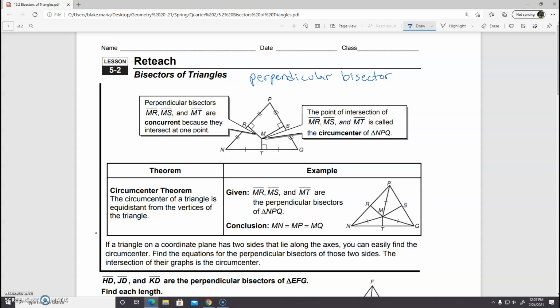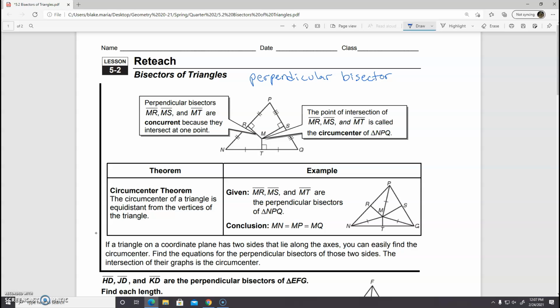So the reason I know that RM is a perpendicular bisector is because it's crossing at a right angle, and this side is cut into two equal pieces. So perpendicular and bisector. Same thing here, MS is a perpendicular bisector of side PQ. MT is a perpendicular bisector of side NQ.